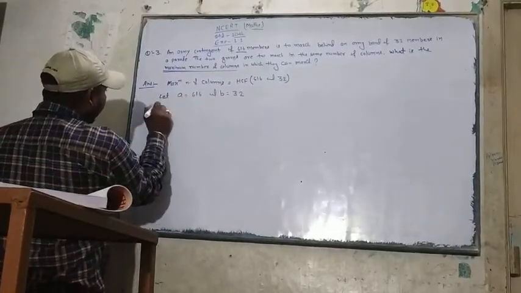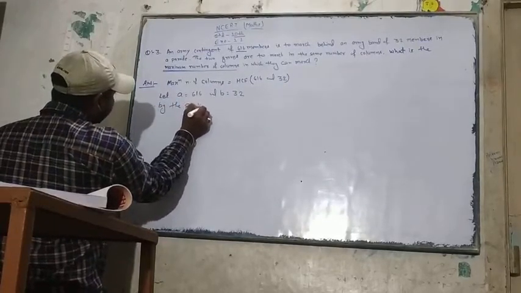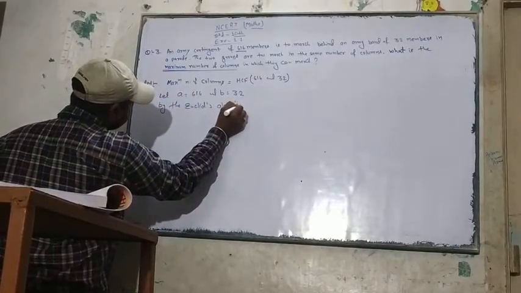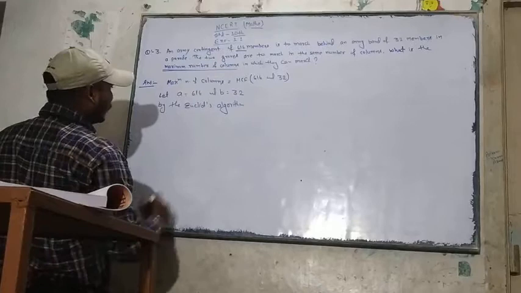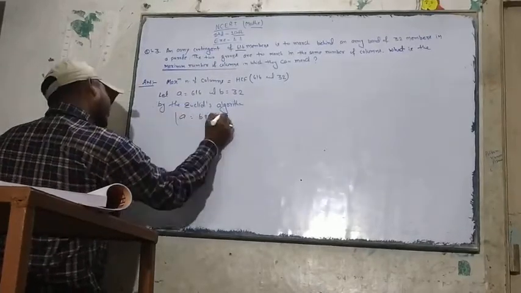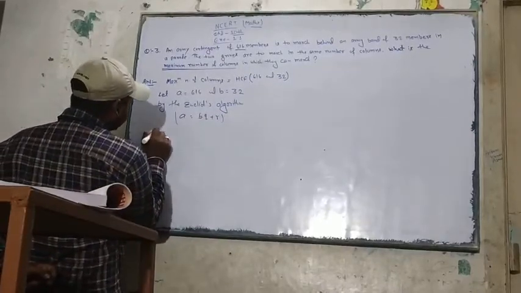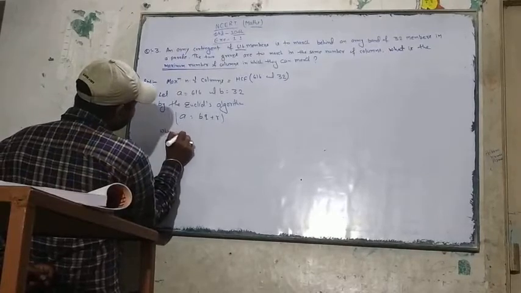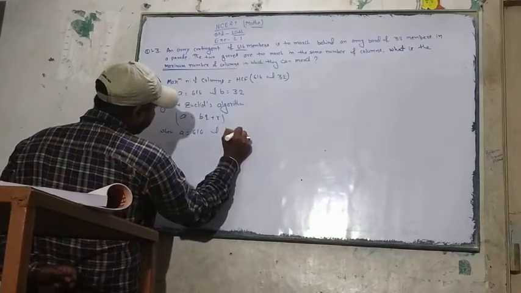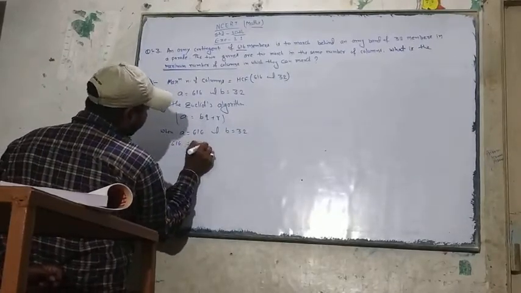Then by Euclid's algorithm, A is equal to BQ plus R. So when A is equal to 616 and B is equal to 32, then 616 is equal to 32 into what?